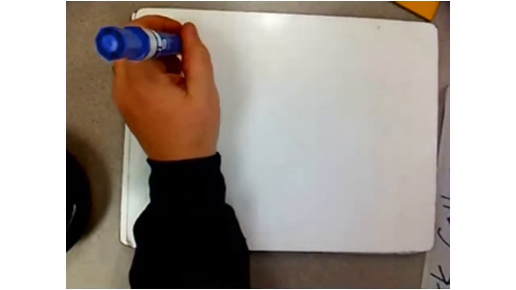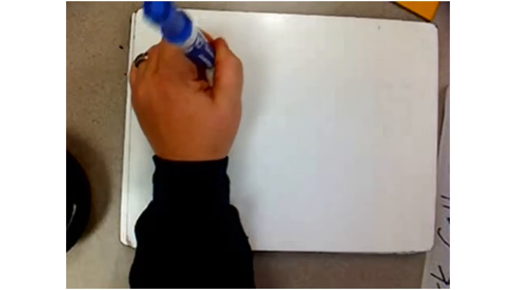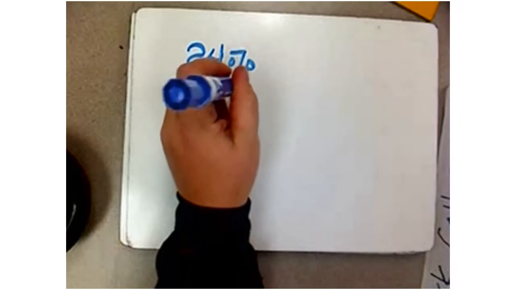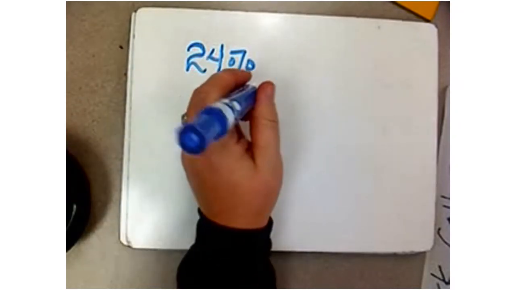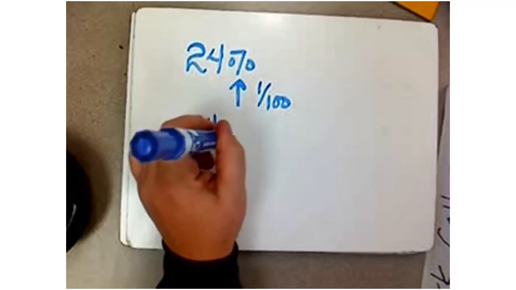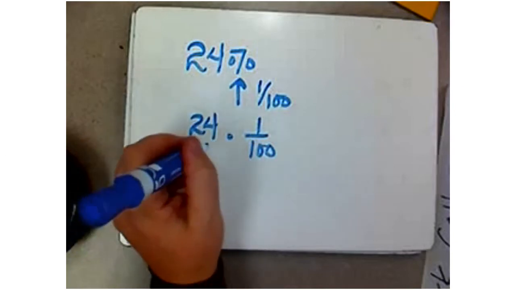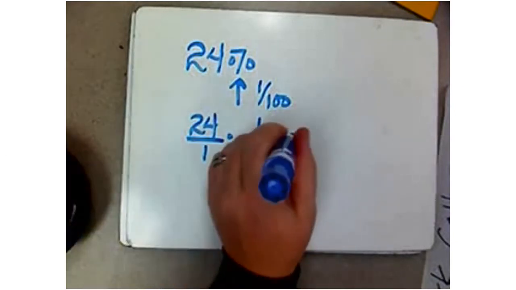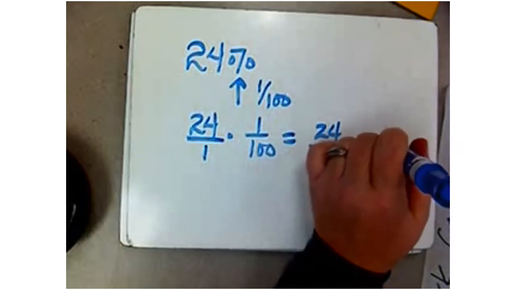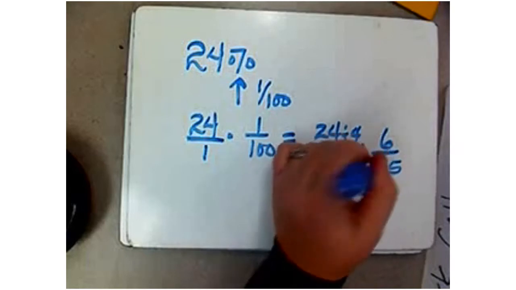Anytime you have a percent sign next to a number, it means that number per 100. So for example, on example 1 on page 503, it says 24% and change it to a fraction. Well, this percent has value. It just means parts of 100 or 1/100th. So this means 24 times 1 over 100. If we change the percent to 1 part over 100, then that would just be 24 hundredths, and we could reduce that to 6/25ths by dividing both of them by 4, right?